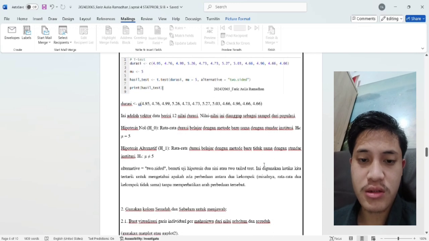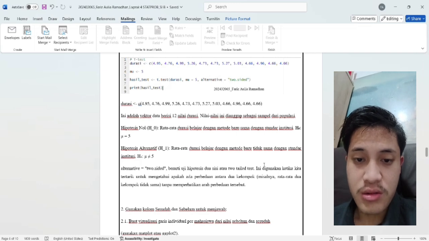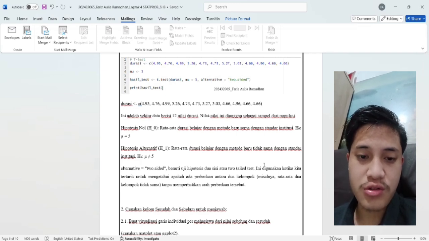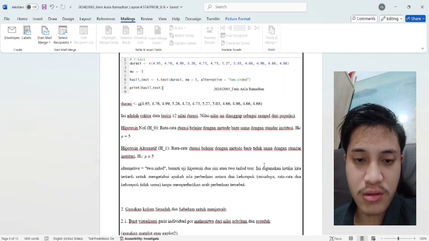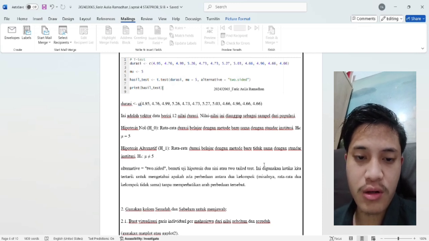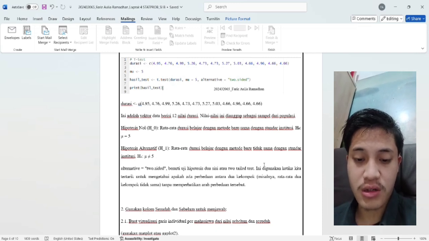Alternative hypothesis H1, the average study duration with the new method differs from the institutional standard, H1: mu not equal to 5. Alternative two-sided means it is a two-tailed test. This is used when we want to determine whether there is a difference between two groups, regardless of the direction of the difference.